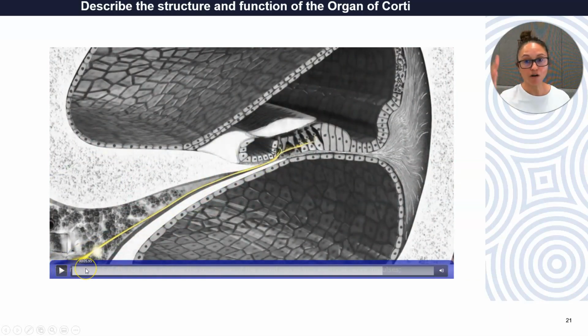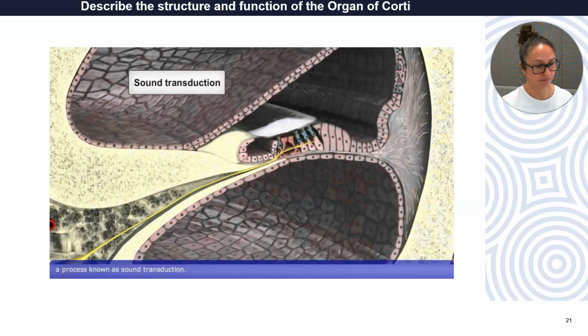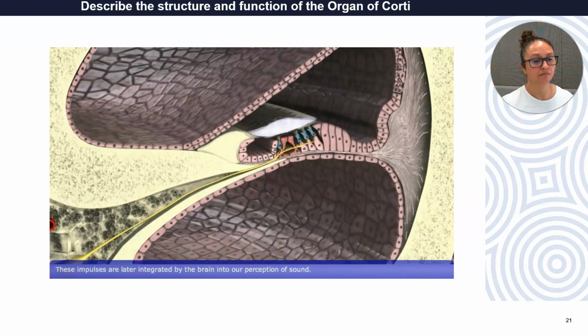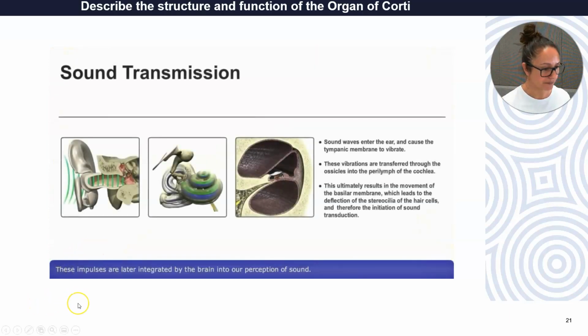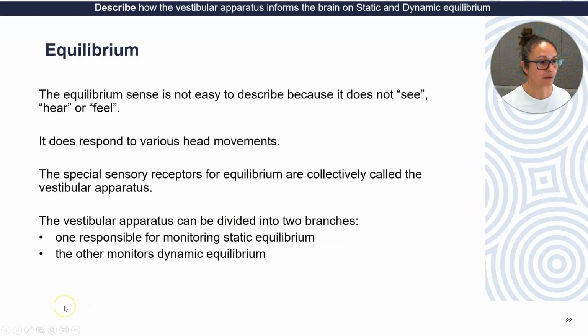So you're going from sound wave, air wave, to fluid wave, and then from fluid wave to action potentials, a process known as sound transduction. These impulses are later integrated by the brain into our perception of sound. So there you go. That's how it works. It's pretty amazing, don't you think?